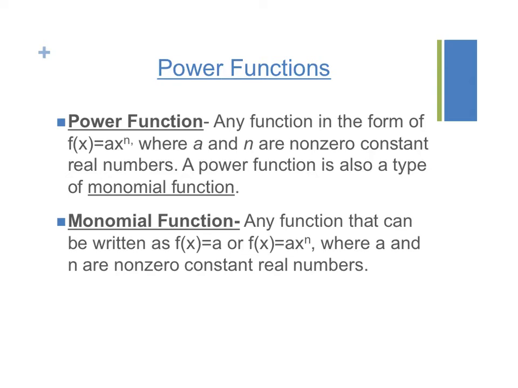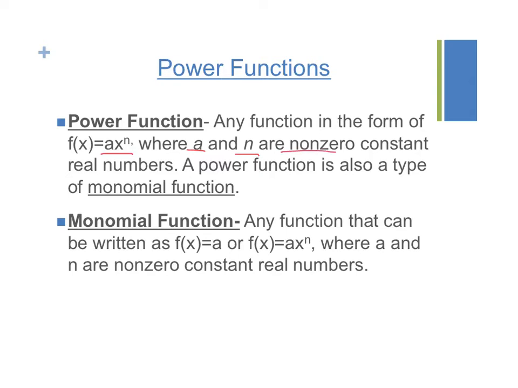To analyze a power function, we first need to know what a power function is. A power function is any function in the form f(x) = a times x to the nth power, where both a and n, so the coefficient and the exponent, are non-zero constant real numbers, meaning they have to be just a number with no variable attached to it, and it cannot equal 0.